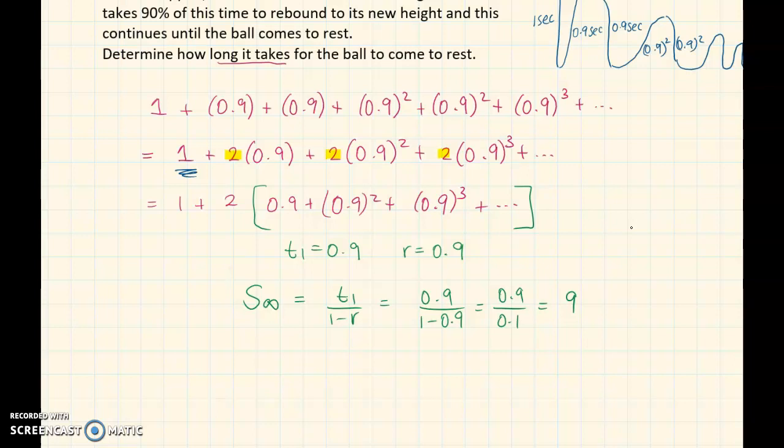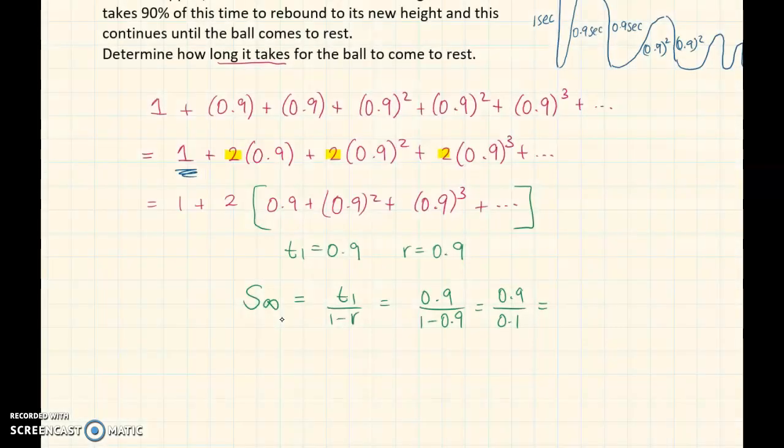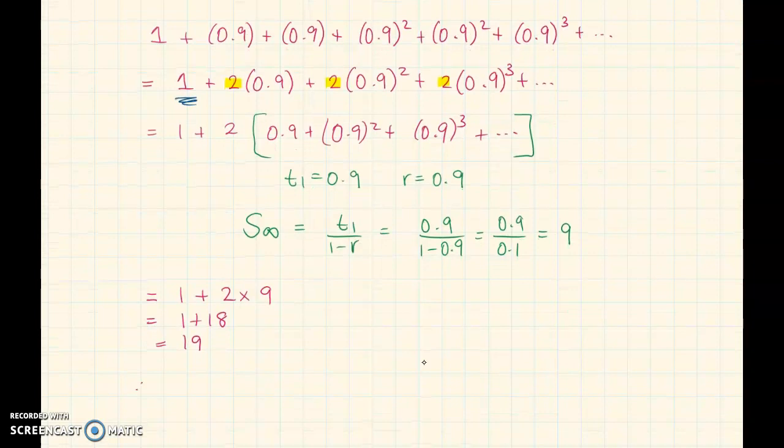So that whole green section there can be simplified to positive 9. And so we're almost done. Now we would just go back and substitute in to find the value of the whole time, and we get 1 plus 18. So it is going to take 19 seconds to get that ball to rest.